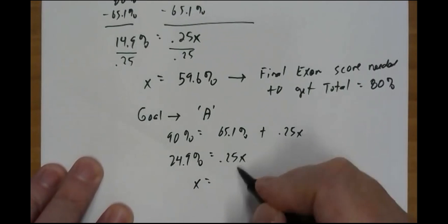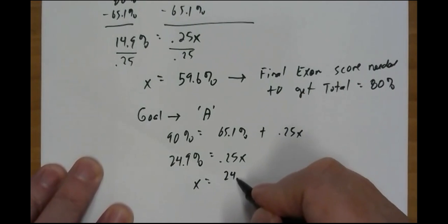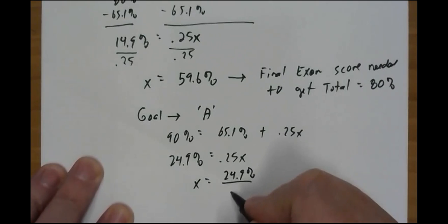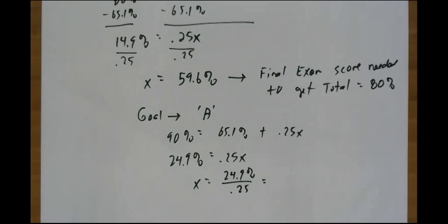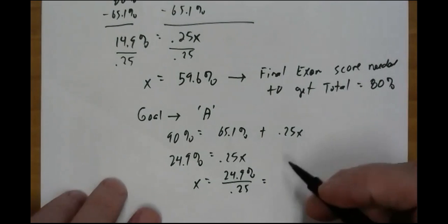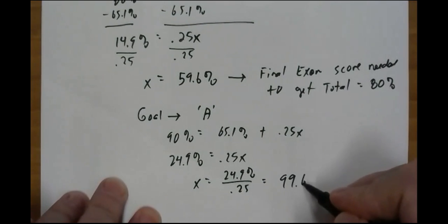So now x, if I divide both sides by 0.25, and look at this. Wow.